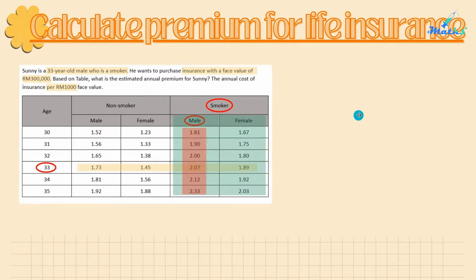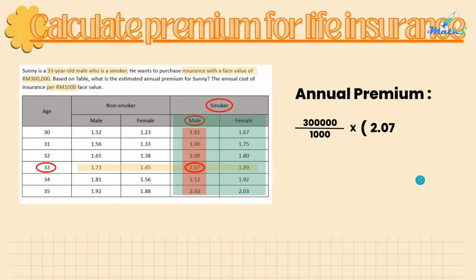We need to find the center, which is the rate we use in this question, 2.07. Now we have all the information. The annual premium is 300,000, the insurance he wants to purchase, divided by 1000, the face value, times the rate 2.07. So the answer should be this.